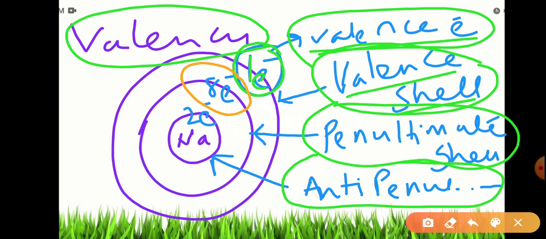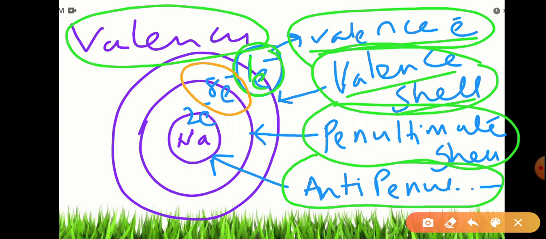This law says that elements try to make their last shell stable by getting themselves into a standard noble gas configuration. What is this noble gas configuration? It is that their last shell has 8 electrons, so they are stable.